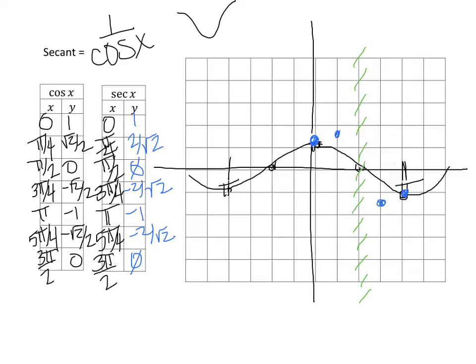Pi, I'm going to be at negative 1. 5 pi over 4, less than negative 1, and then another asymptote. Okay, so I know there's going to be an asymptote here because that's an x-intercept, an asymptote here because that's an x-intercept.